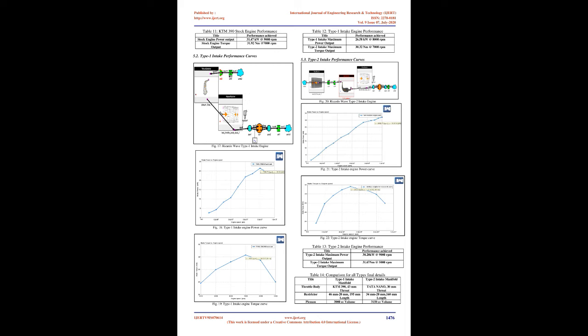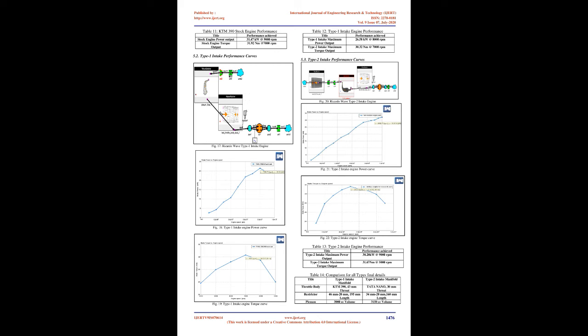Inlet pressure: 1 bar for both. Mass flow through it: 0.0863 m³/s and 0.0837 m³/s. Fig 8, restrictor pressure comparison. Fig 9, restrictor flow rate comparison.